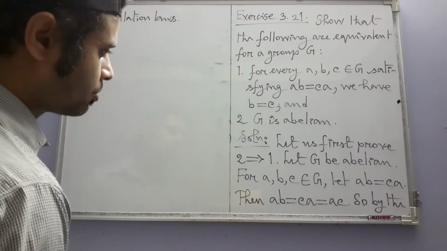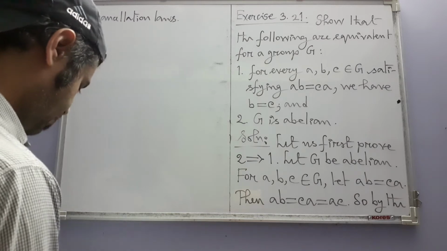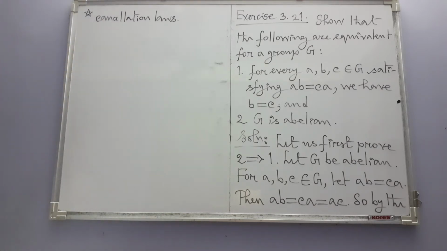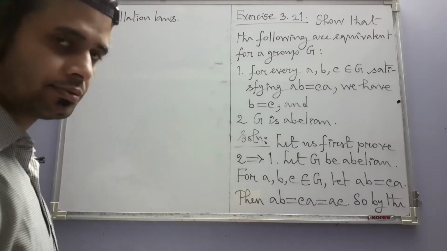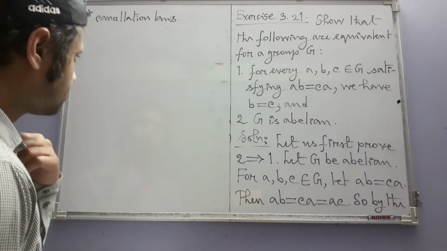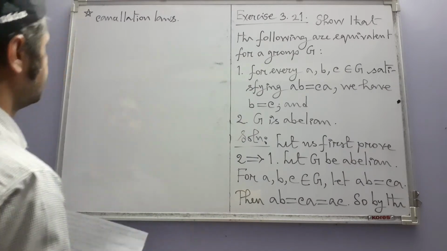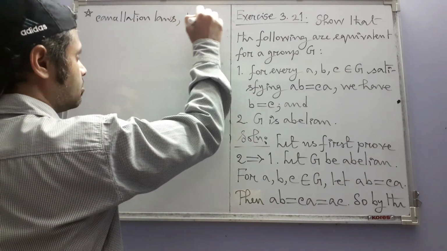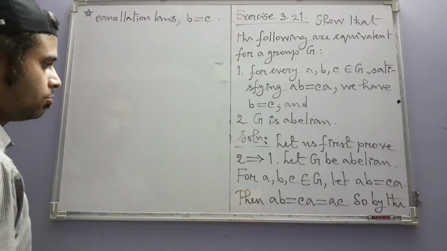If you want to be more specific, you can mention the part of the theorem 3.5 that is being used here. B is equal to C. So 2 implies 1.